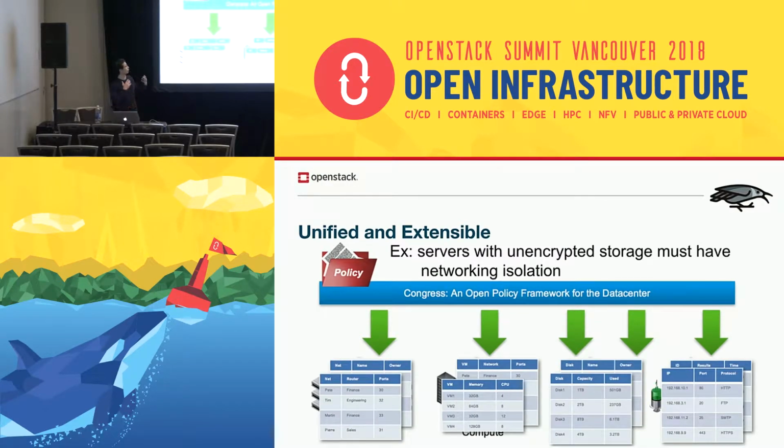Now, how does Congress do this? Here's a closer look at the high-level architecture. A Congress driver for each service exposes its state as tables. The overall state of the whole cloud is then just a collection of all the tables from all the services. So it's kind of like a database now.